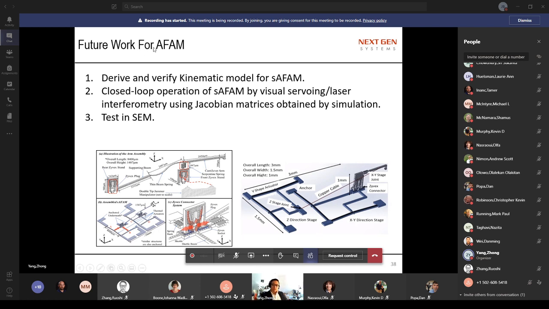So I can use a similar way to model this system, and also I can simulate the environment I developed. Finally, we can just design the control system for it and verify in the SEM environment.